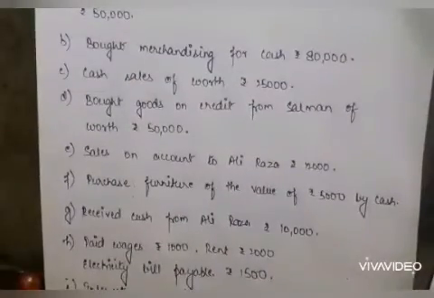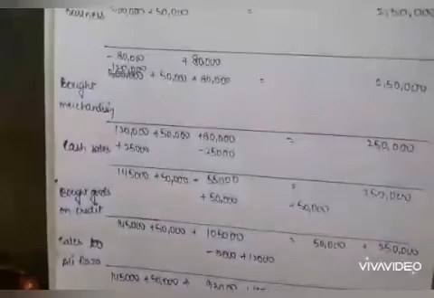Now the next transaction is purchase furniture at the value of rupees 5,000 by cash. Furniture is an asset.